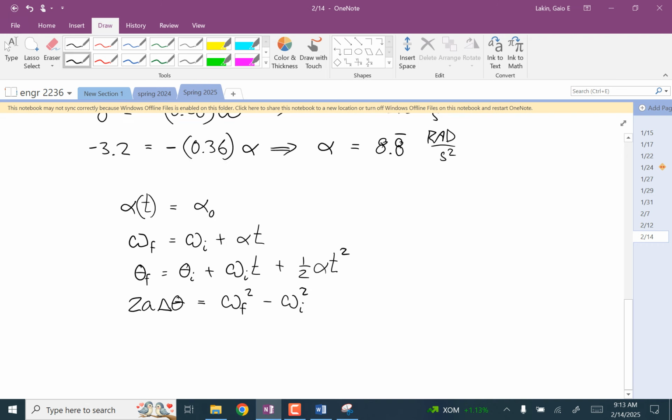You know that the final angular velocity is 0. You could figure out the change in theta required for this thing to go through 10 meters and then calculate alpha that way. This should be alpha, not A.